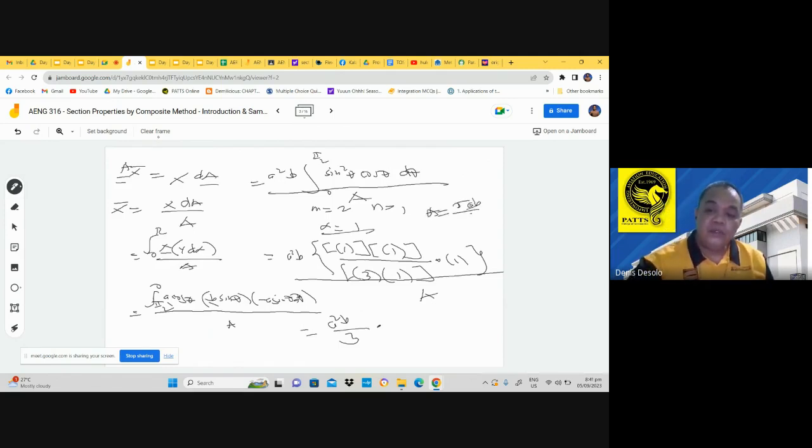So reciprocal, it should be 4 over pi ab. Then we cancel a squared in a and b and b. So what's left for our x bar? X bar is equal to 4a over 3 pi, which is what we try to solve or prove earlier.